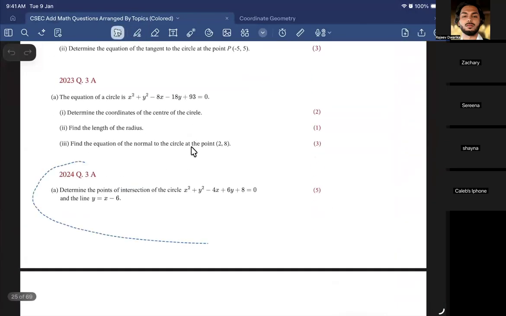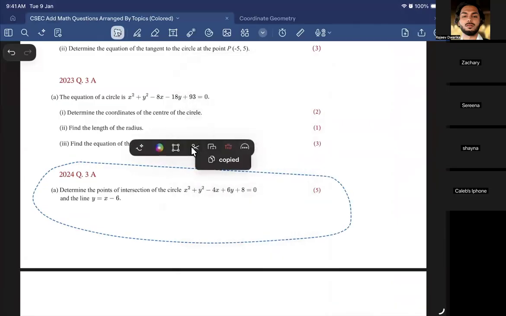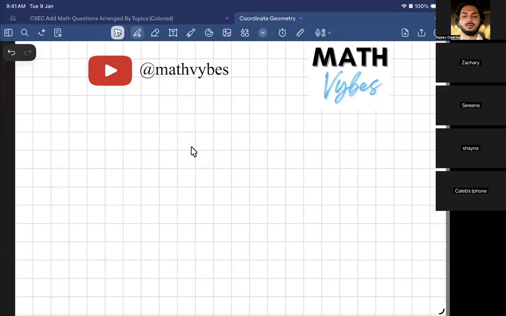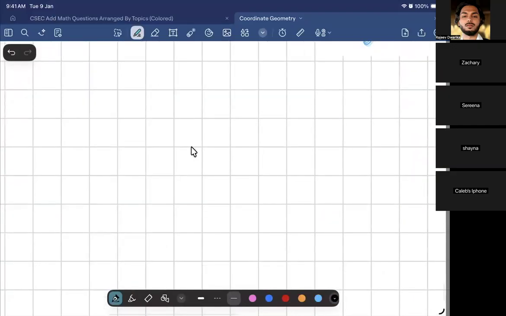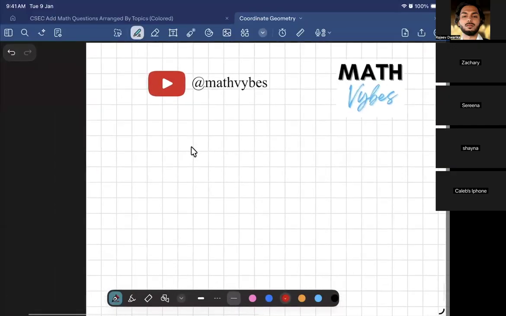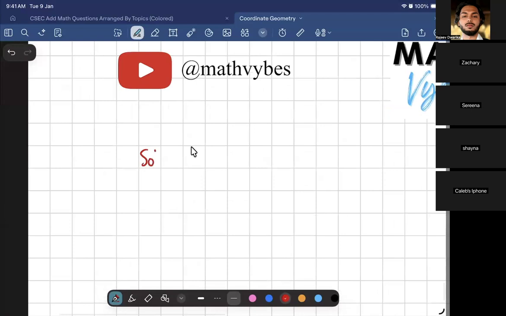Look, this is what I'm talking about. So I have a question, guys. Anytime you solve two equations simultaneously, what are you really finding?